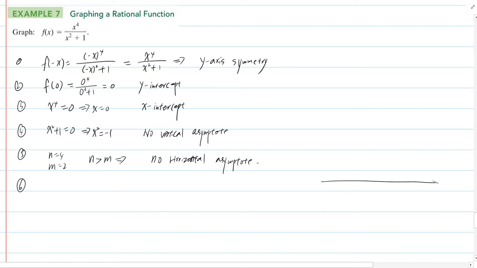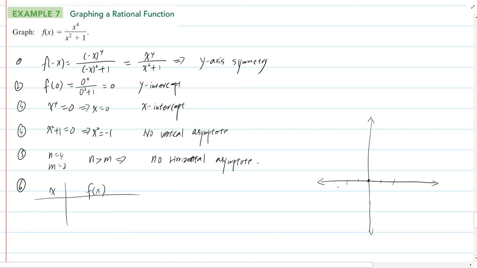So here we have all the information. We know we're going to have a y-axis symmetry. We have the x and y intercepts both at the origin, 0, 0. There's no vertical asymptote and no horizontal asymptote. All you have to do is plug in some points. Since the intercepts are right here, we're going to plug in some points on this side, and also some points on the positive side.